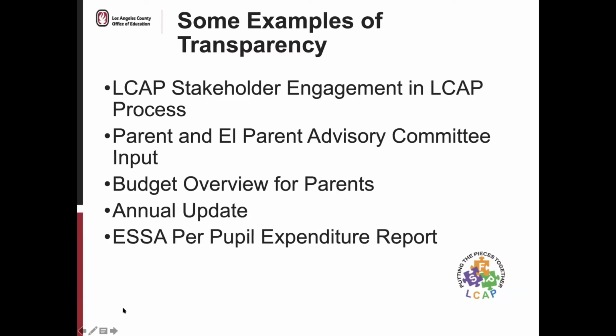Also, the annual update, again, looks at program, which activities were implemented, and budget, how were those funds expended. And at the federal level now, since last year was the first year we had ESSA per pupil expenditure reporting, which includes both district and school level per pupil expenditures. And that's reported in what's called the LARC, the LEA accountability report card.